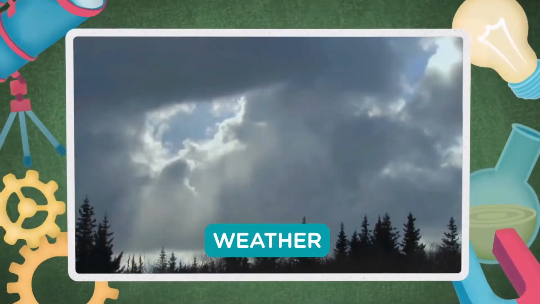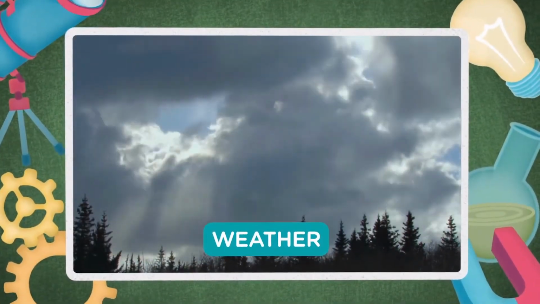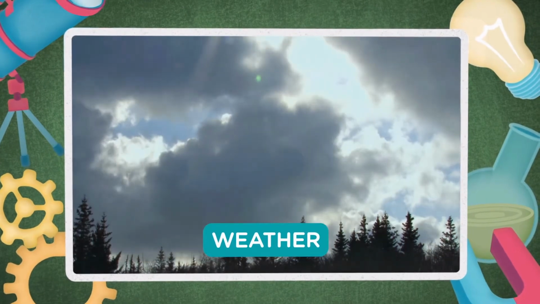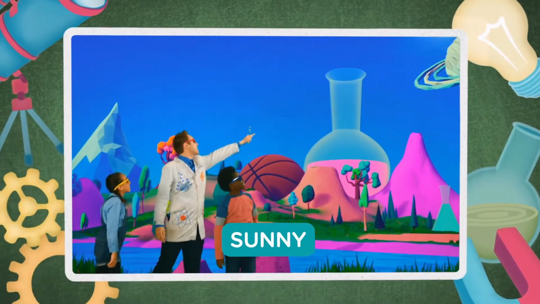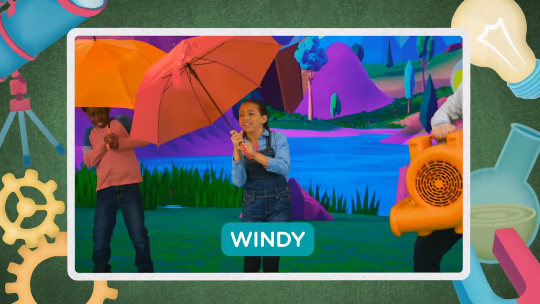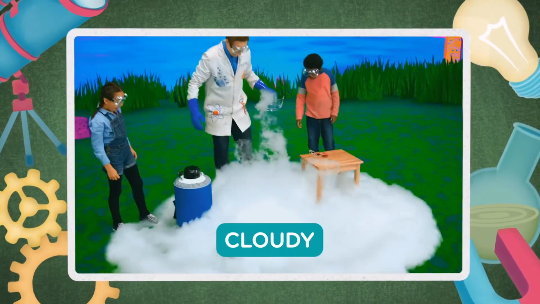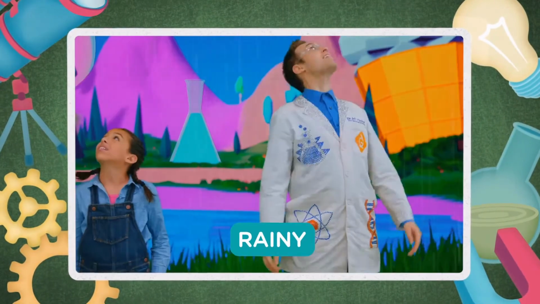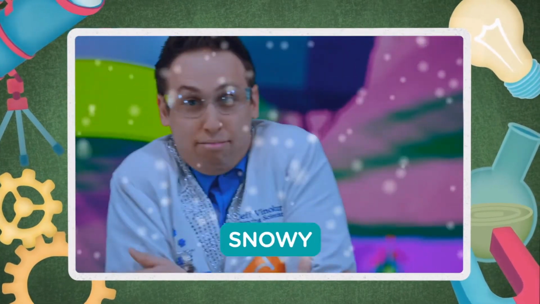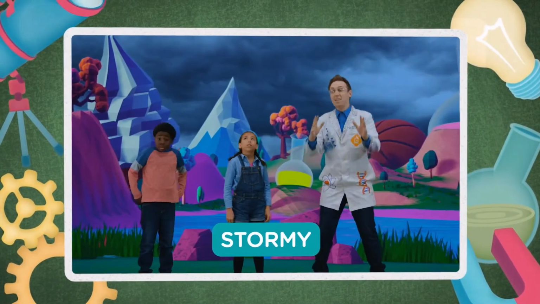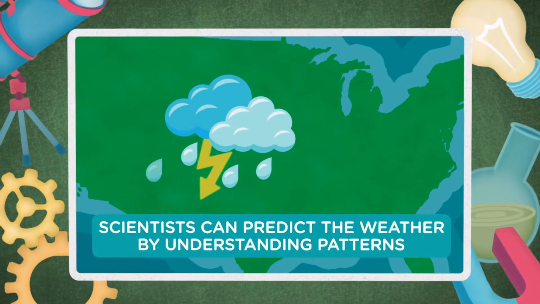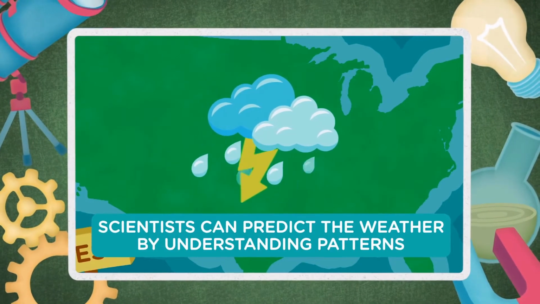Today we'll learn that weather tells us what the sky and air around us are like on any given day. It can be sunny, windy, cloudy, rainy, snowy, or stormy. And scientists can predict the weather by understanding patterns.